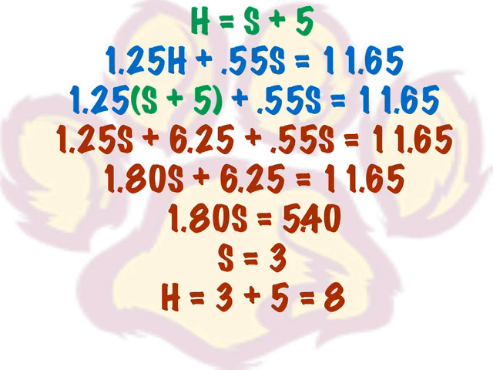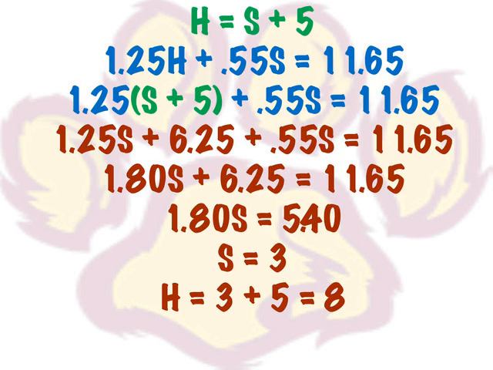We combine our like terms. $1.25 S plus 55 cents S gives us $1.80 S. We still have the plus 6.25, and it still equals 11.65. Now we need to subtract 6.25 from each side, so we need to do the opposite. So we have $1.80 S still, and it equals $5.40.